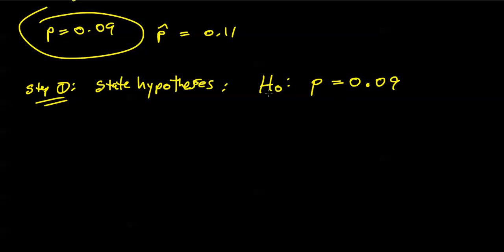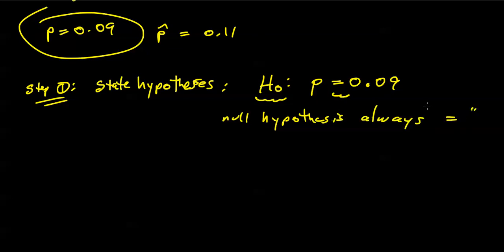By convention, the null hypothesis always contains equality. The null hypothesis is always an equals statement. And that's by convention, by agreement.